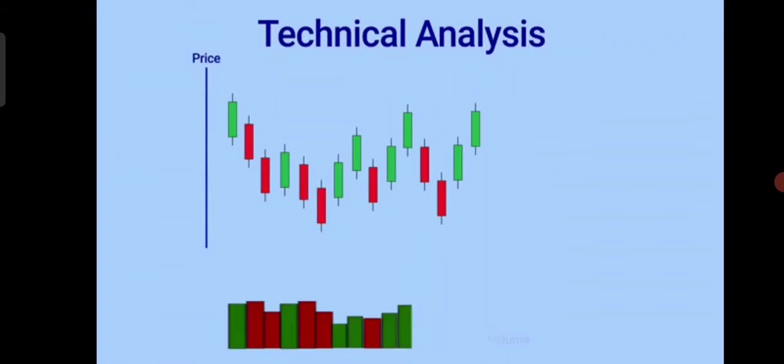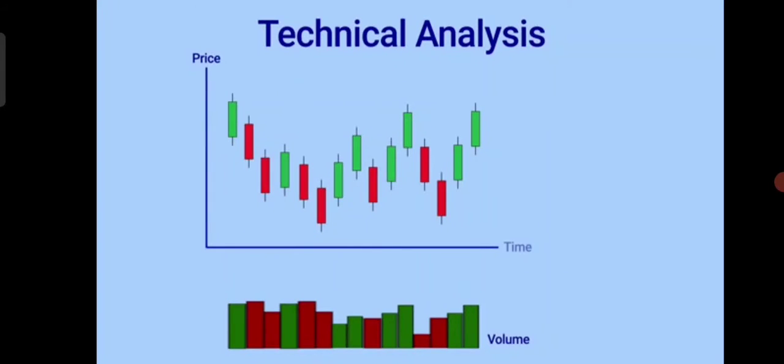Technical analysis is basically plotting the price and volume data across time in a two-dimensional chart. If you look at a chart, it will have two major axes. The horizontal axis denotes the time period, and the vertical axis represents the price.